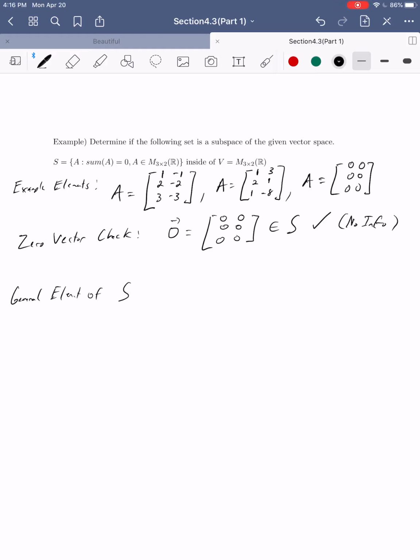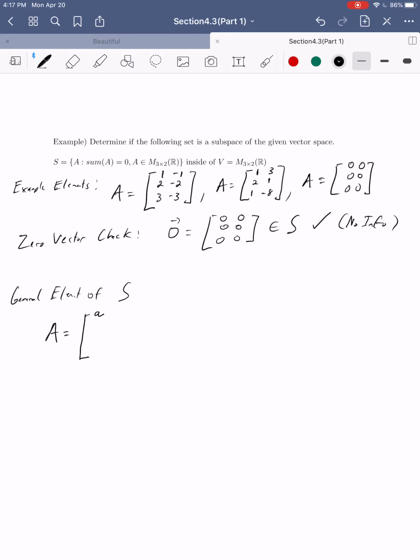Let's think about what these guys need to look like. Well, you can put anything you like in most of the spots. If you think about how I built this example, I just put random numbers in all 5 of these spots and then made this guy the exact thing that would guarantee the sum is 0. So you can think about this general element as having a bunch of free parameters.